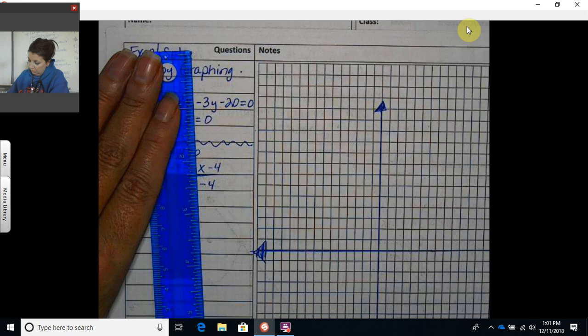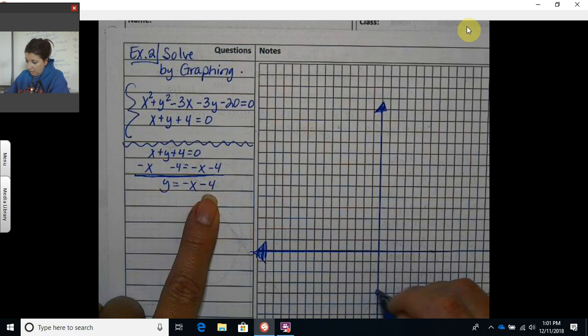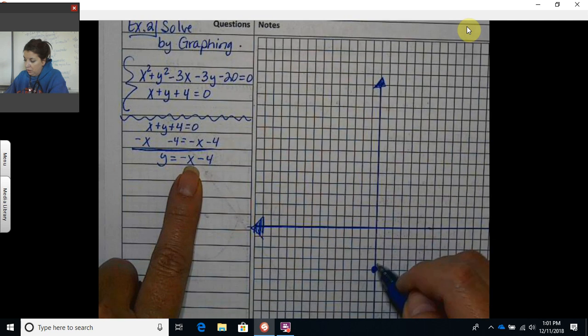So my y-intercept is at -4. Slope is -1. So I know it's going to be a decreasing interval. That helps with knowing whether I go left or right. So if I go up 1, would I go left or right to make a negative slope? Left.